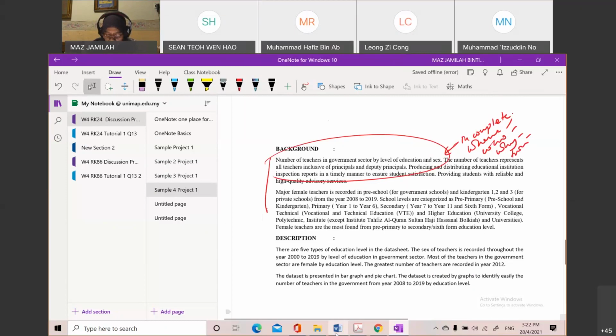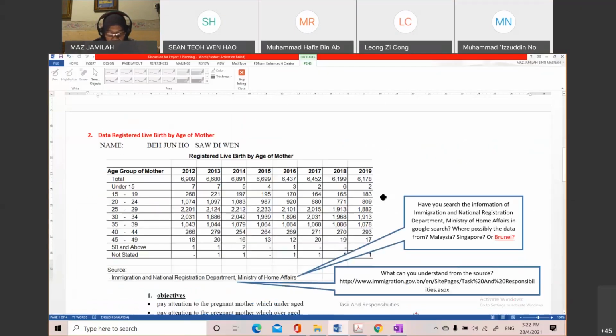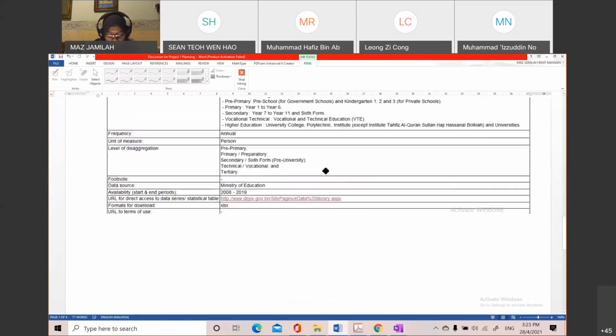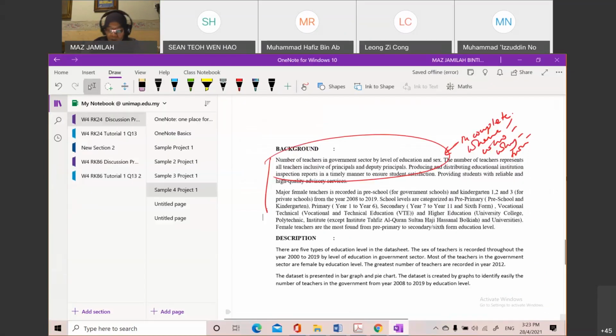If I'm not mistaken, if you go to this particular website, this data is referring to Brunei. So you have to relate it to Brunei.